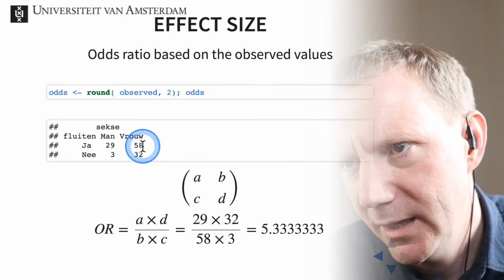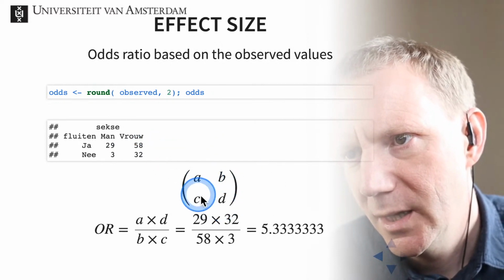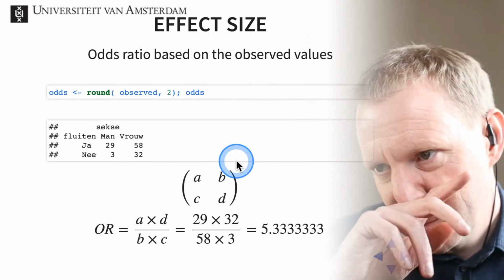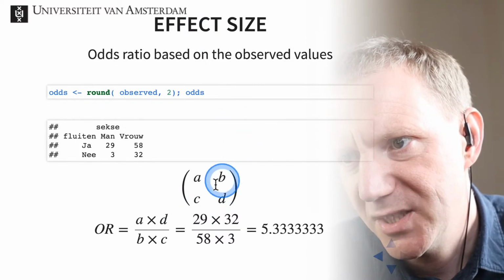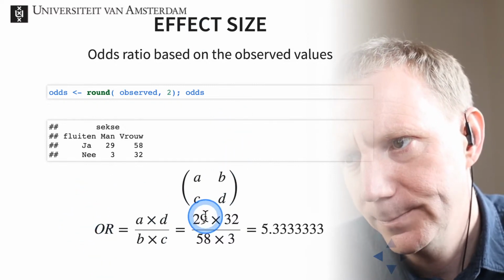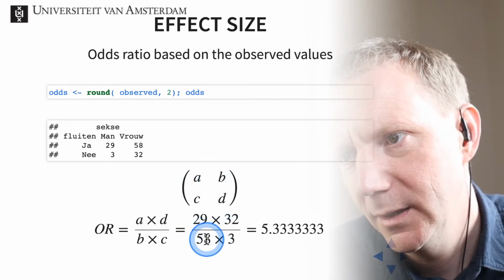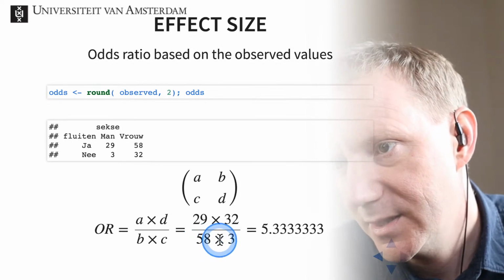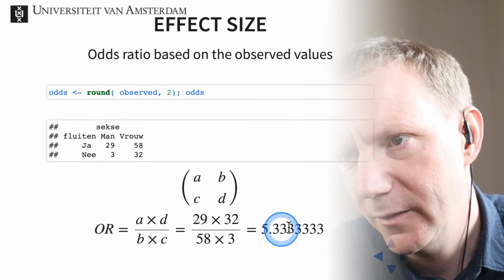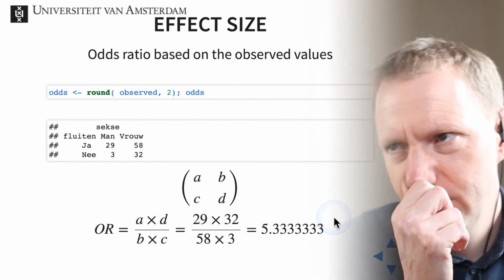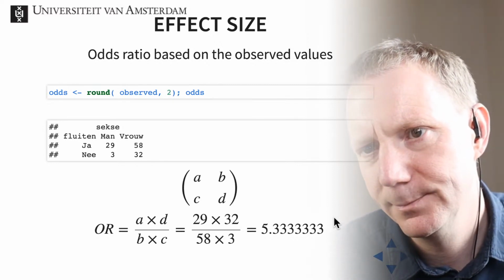So we have A, B, C, D. And if I use that, then I can calculate the effect size expressed as an odds ratio by multiplying A times B and dividing by 58 times 3, and that will give me an odds ratio of 5.3, as an indication of effect size.